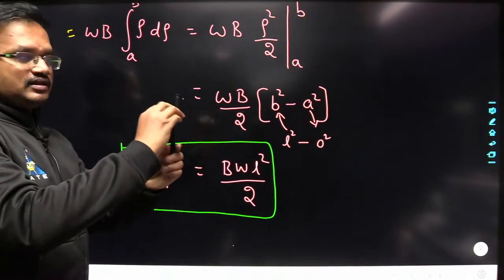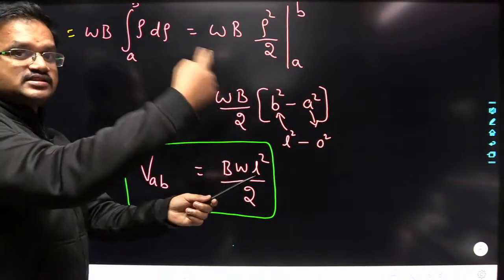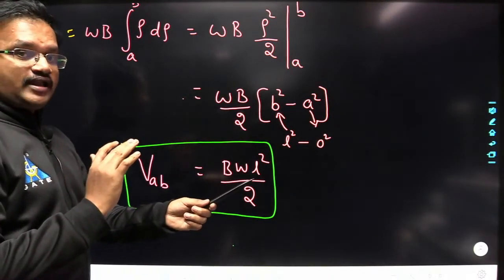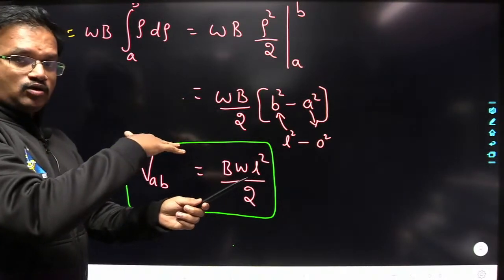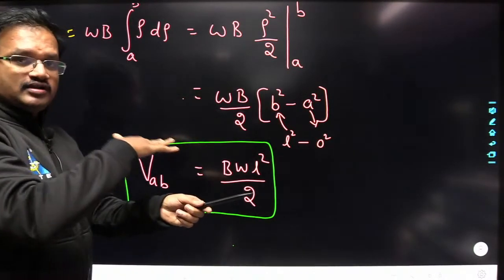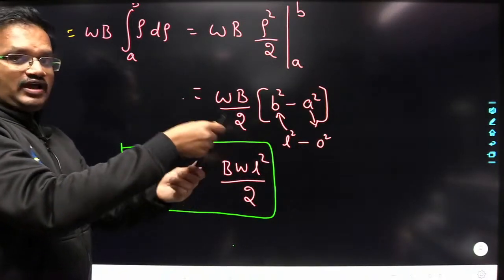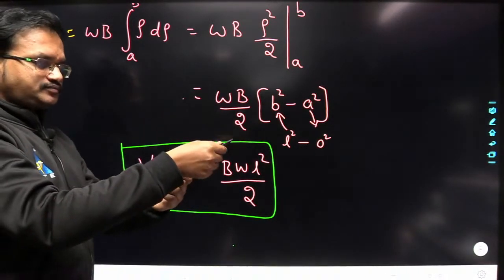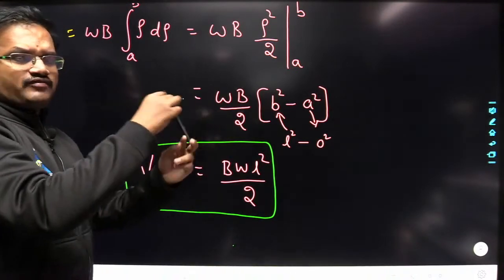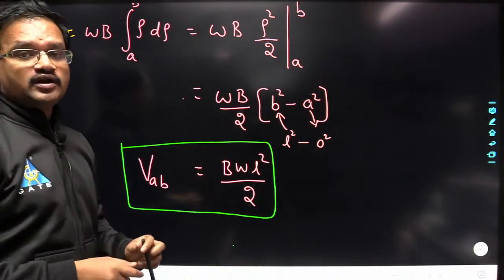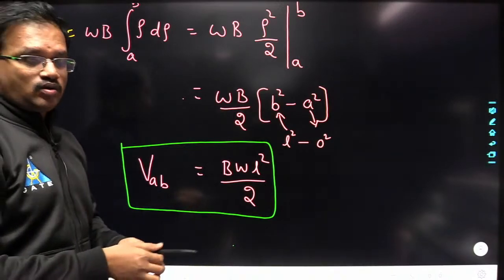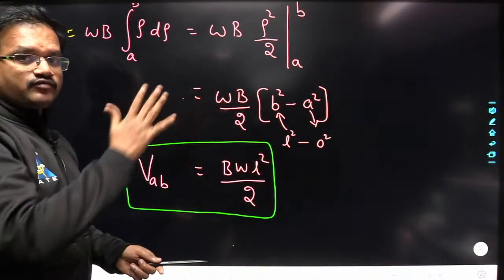The velocity is in this plane, and the B field is pointing into the board. So the direction of the B field and the plane in which we are considering the velocity are perpendicular to one another. This is the plane we are considering.